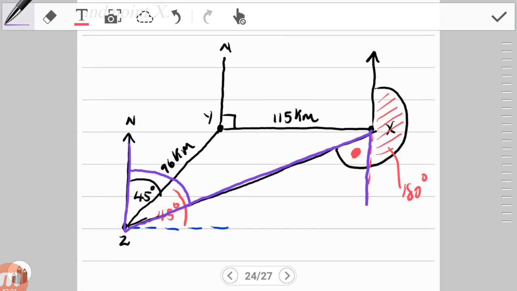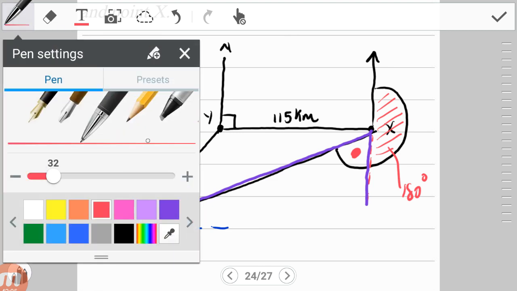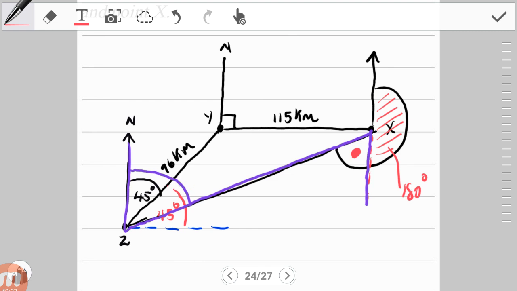But what we could perhaps do is find the angle in between, that is this distance right here to here. If we can find that angle, we could add it to 45 and get the total angle marked by the purple curve.